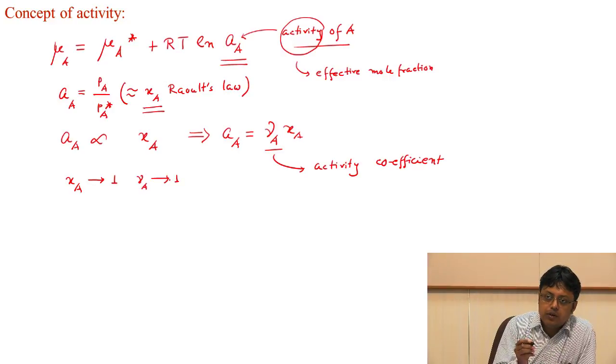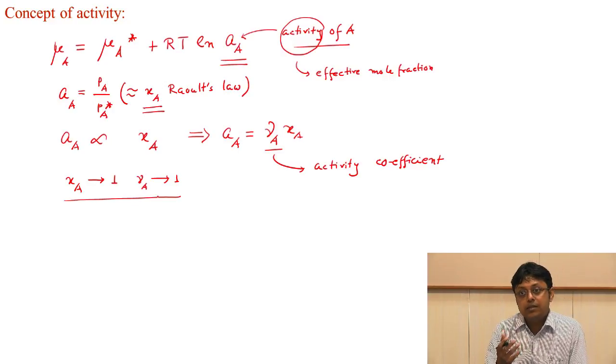That is the concept here. So activity can be anything, but for example in a very concentrated solution, it will be proportional to XA, but it won't be equal to XA. It will be equal to gamma A into XA, but now the question is how to calculate the gamma A for the concentrated solution.